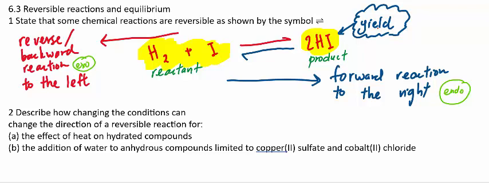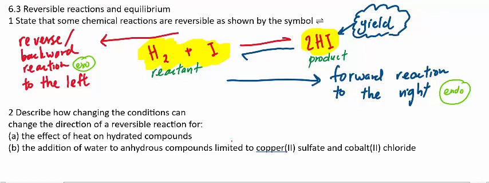So in industrial reactions, of course, you want a lot of yield. You want a lot of product. Can you understand?